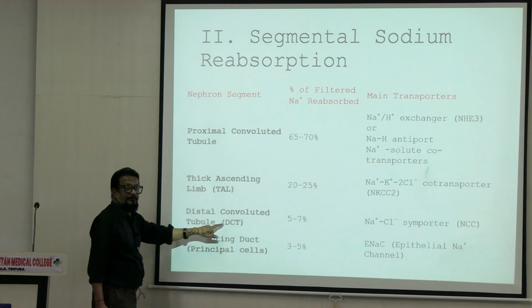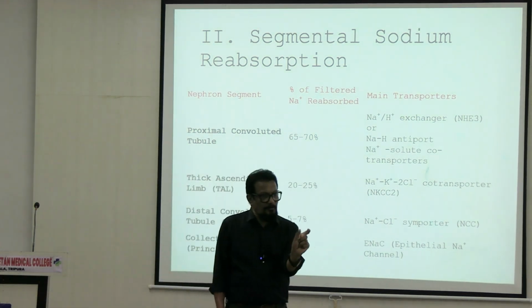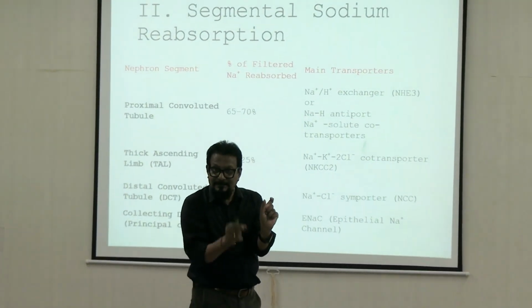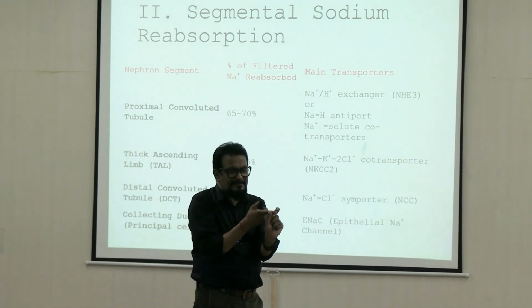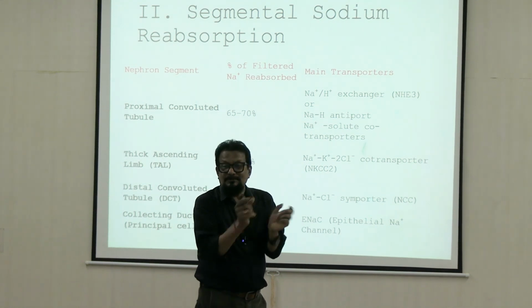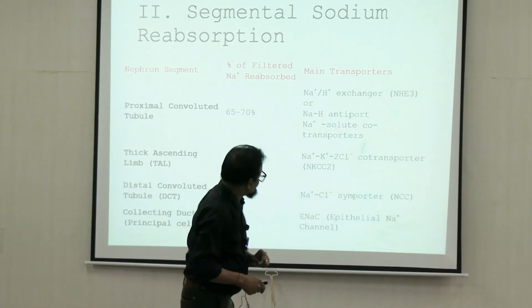In the distal convoluted tubule, DCT, only 5 to 7%. The distal convoluted tubule also has two parts: the early part, and the late part just before entering the collecting tubule. Their mode of absorption is different; I will show how it differs.